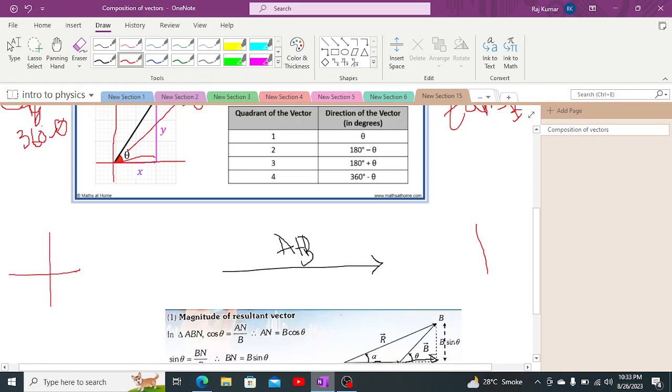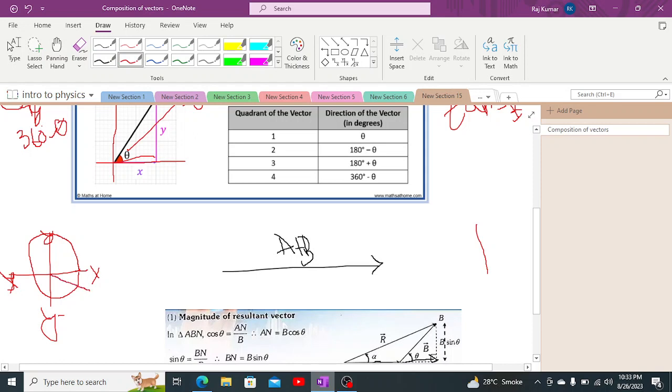Here we have x, this is y, this is negative x, this is negative y. The fourth quadrant is equal to the complete circle, 360. And suppose we have a vector in quadrant 4.